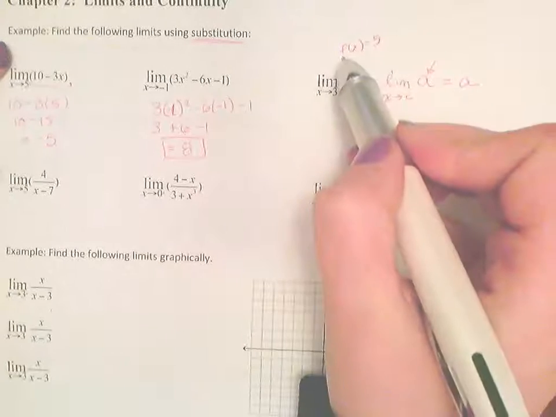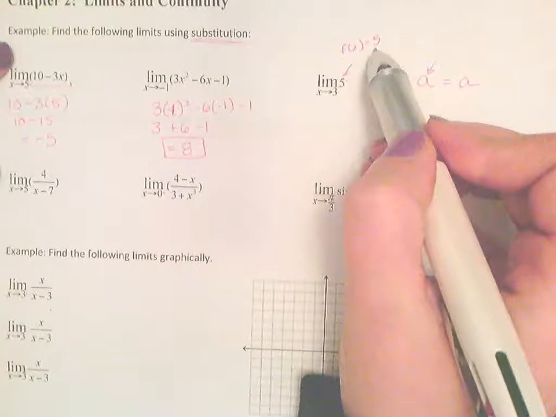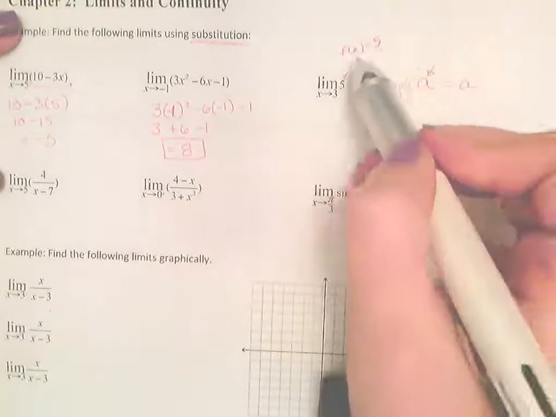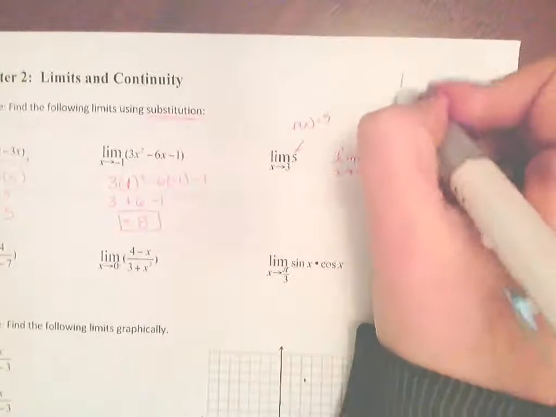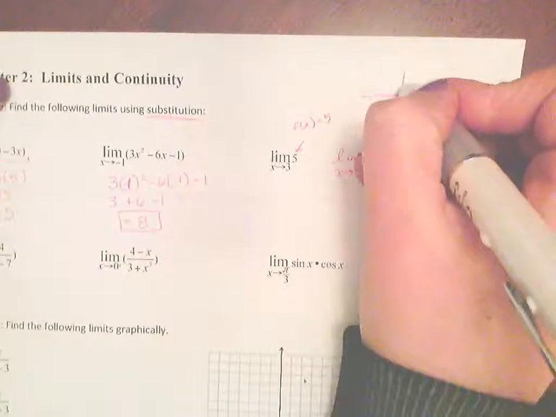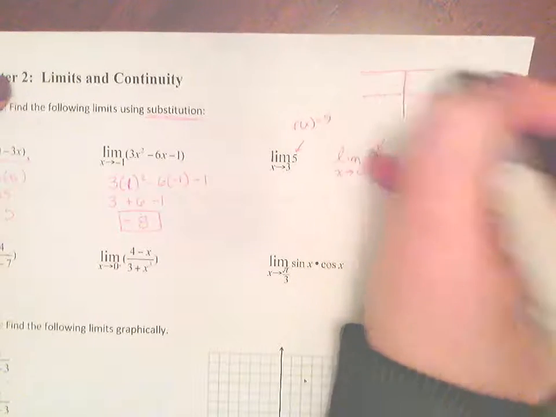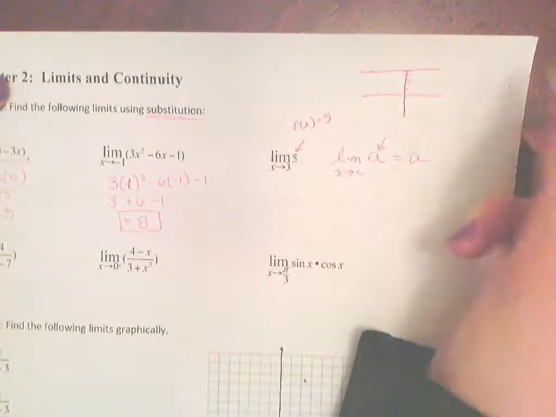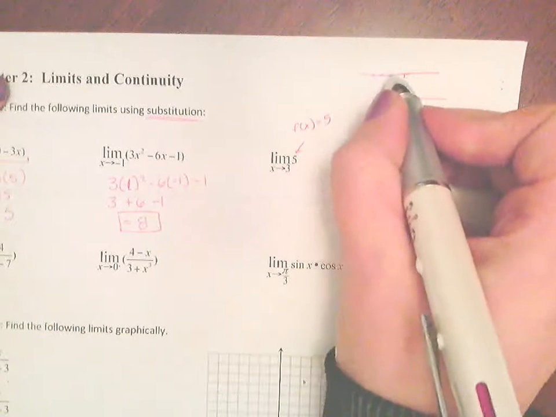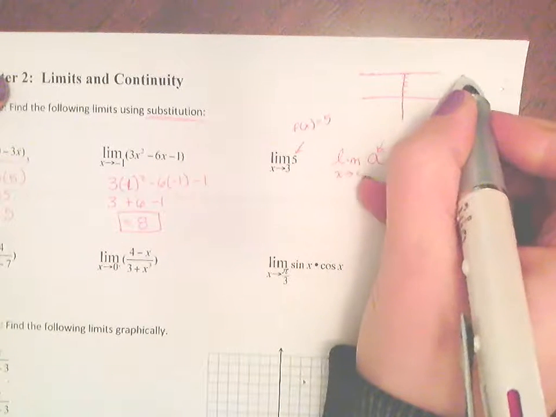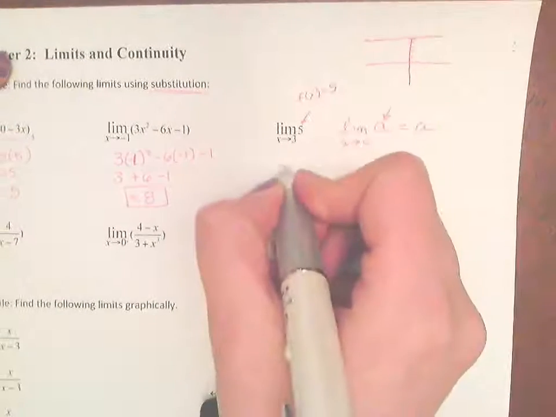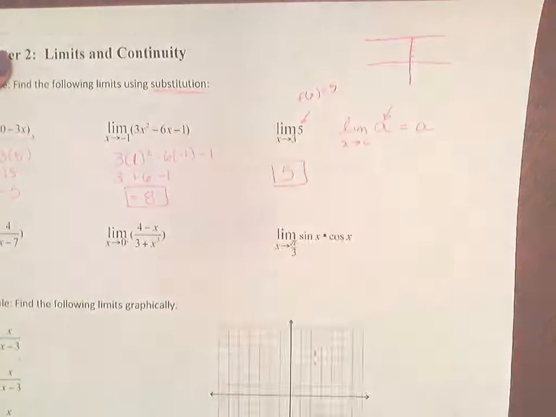So imagine yourself graphing that. If you graph this function, which is y equals 5, you go up to 5 on y and you draw your line. Correct? So as x approaches 3, where am I always? I'm on 5. So my answer here is just 5.